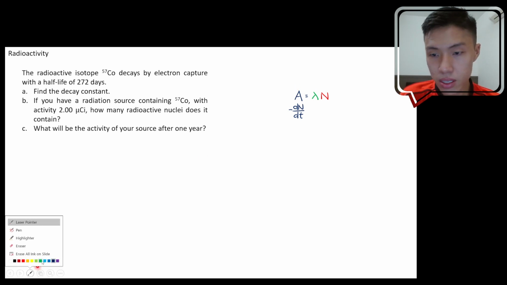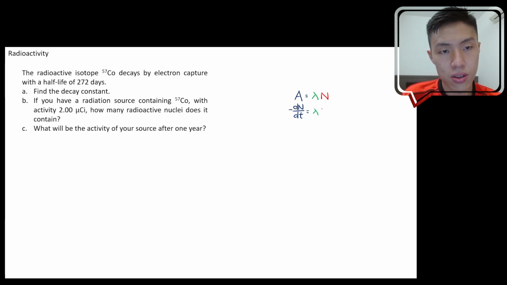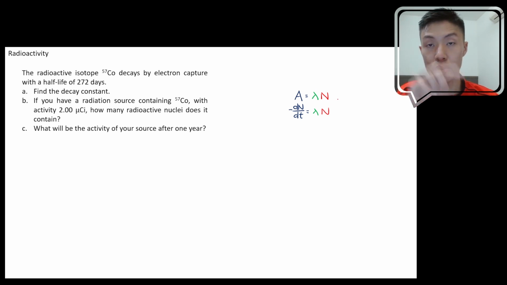Negative 5 per second multiplied by the negative gives a positive 5 decays per second. That's how you relate them. Because you understand this already, you can say it equals lambda N, the same thing. So this is the equation that relates the two different things, A and N.